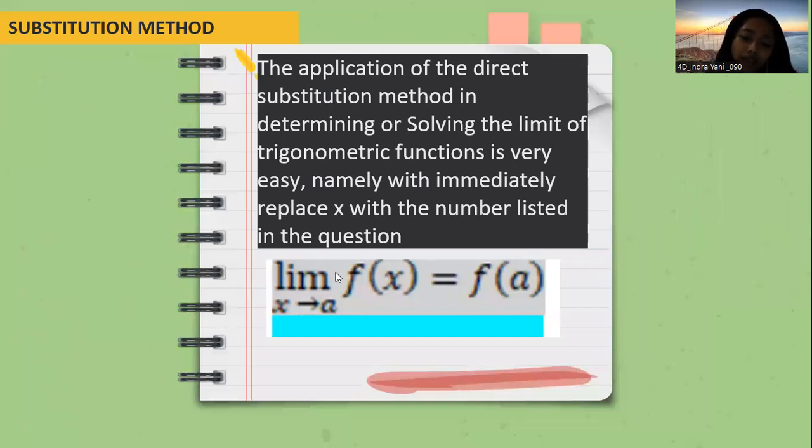In the slide, I have the limit as x approaches a of function f(x) equals f(a). In this, x is replaced by the number in the question.